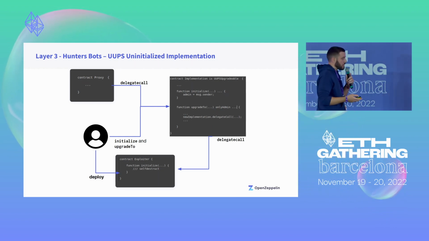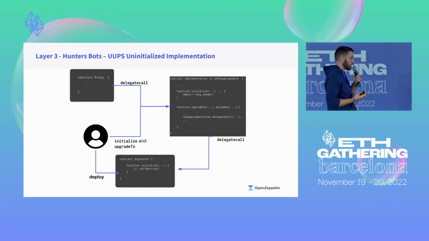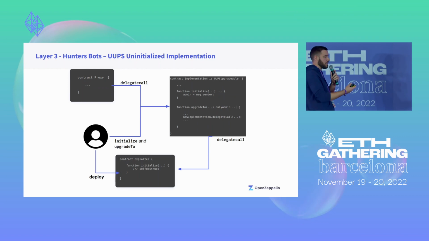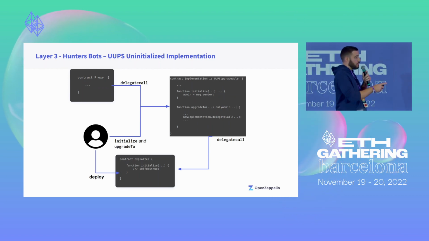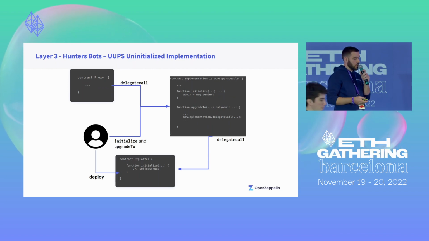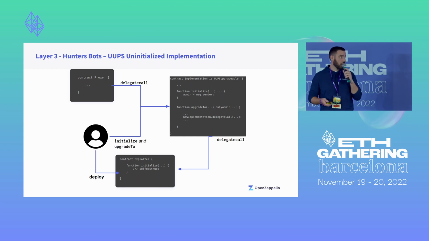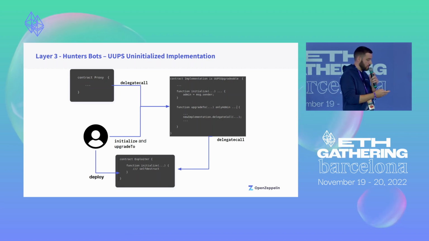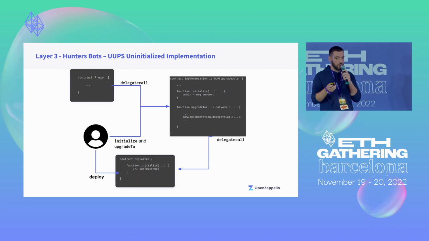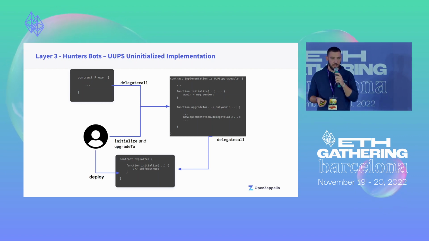The problem was that anybody was able to create a malicious contract that self-destructs in the initialize function, take ownership of the implementation logic, which was left uninitialized, by calling the initialize function, and then upgrade the implementation to the self-destructing one. The result was that the proxy was completely broken because it was pointing to non-existing code that was self-destructed.